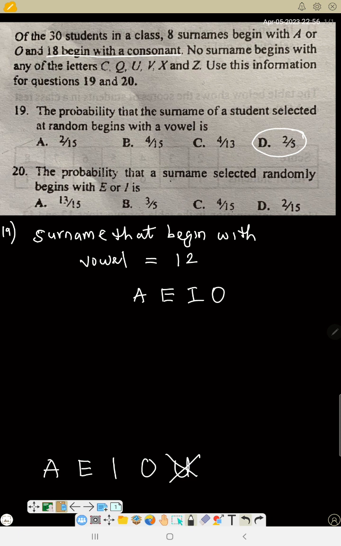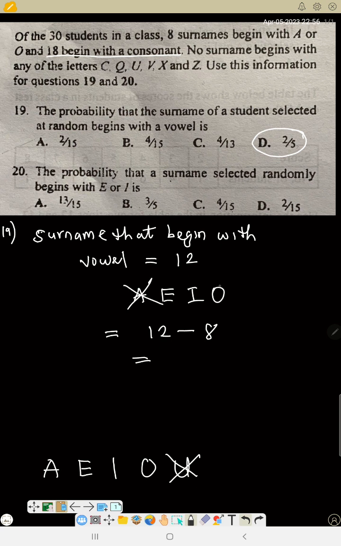But they told us that 8 surnames begin with A or O. So I can actually find the surnames that begin with E or I. I will say surnames that begin with a vowel, 12, minus surnames that begin with A or O, that is 8.